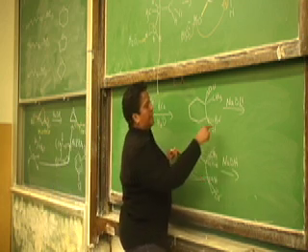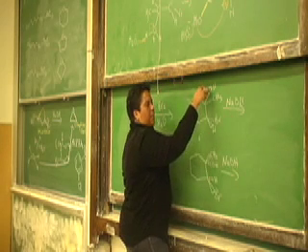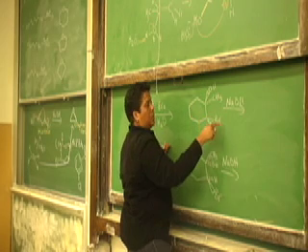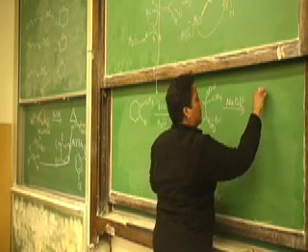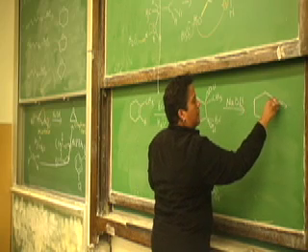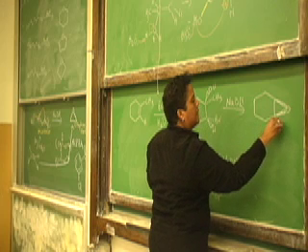So in this case, since the oxygen is on top, it would attack here to kick the bromine out. So in this case, we would make the epoxide point outwards like that.